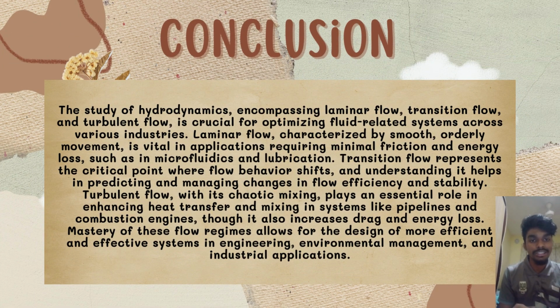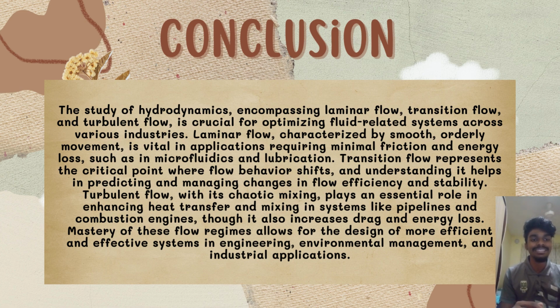So we have come to the conclusion. The study of hydronomics, encompassing laminar flow, transition flow and turbulent flow, is crucial for optimizing fluid systems across various industries. Laminar flow, characterized by smooth, orderly movement, is vital in applications requiring minimal friction and energy loss, such as microfluidics and lubrication. Transition flow represents the critical point where flow behavior shifts, and understanding it helps in predicting and managing changes in flow efficiency and stability.